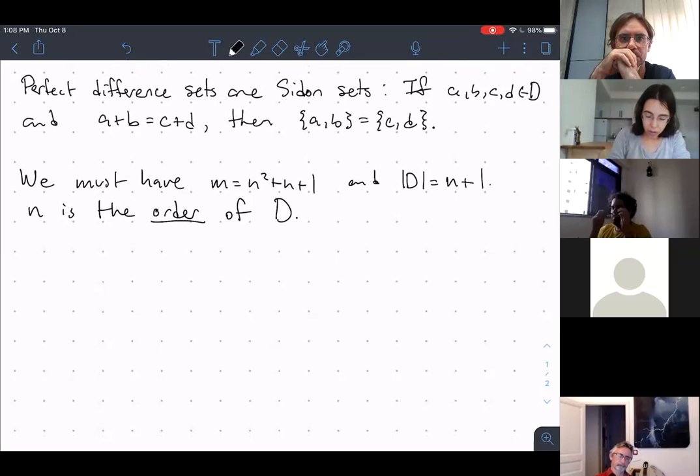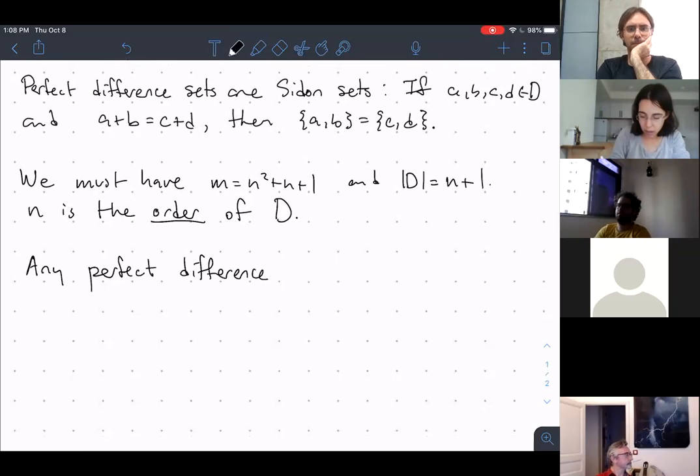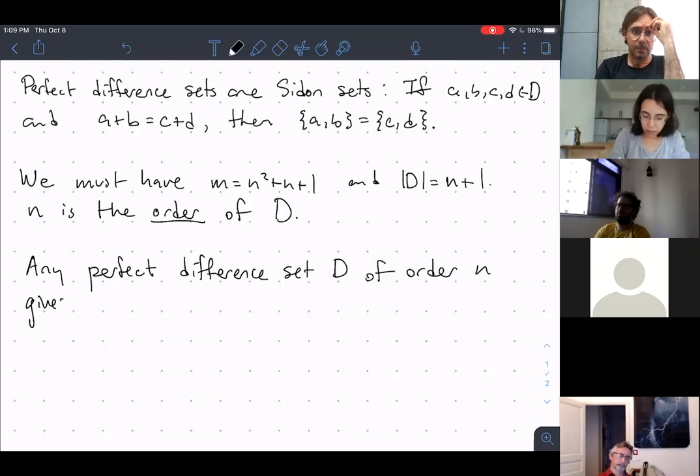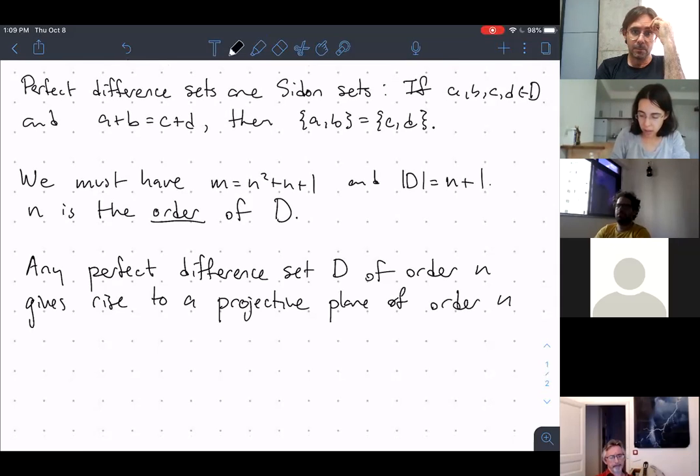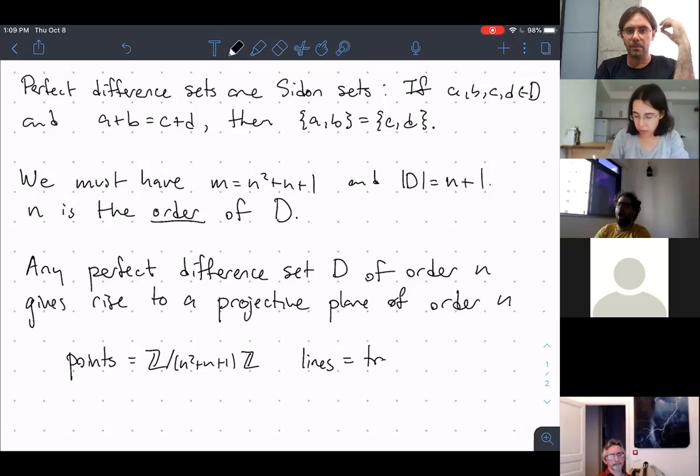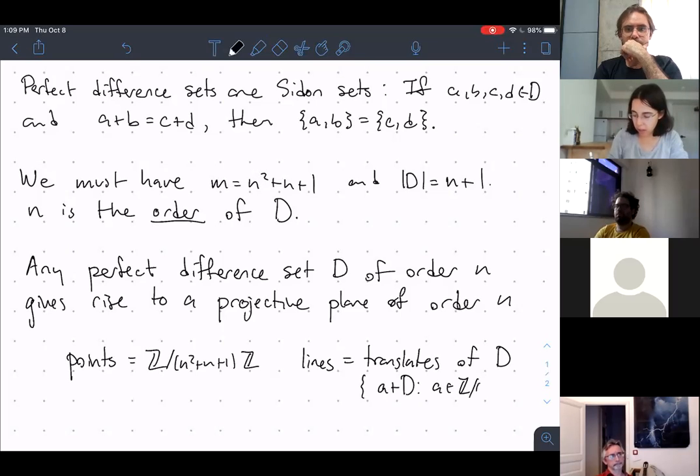Any perfect difference set D of order n gives rise to a projective plane of order n, by taking the points to be all of the integers mod n squared plus n plus 1, and the lines to be the set of all translates of D, so sets of the form a plus D for a in the integers mod n squared plus n plus 1.